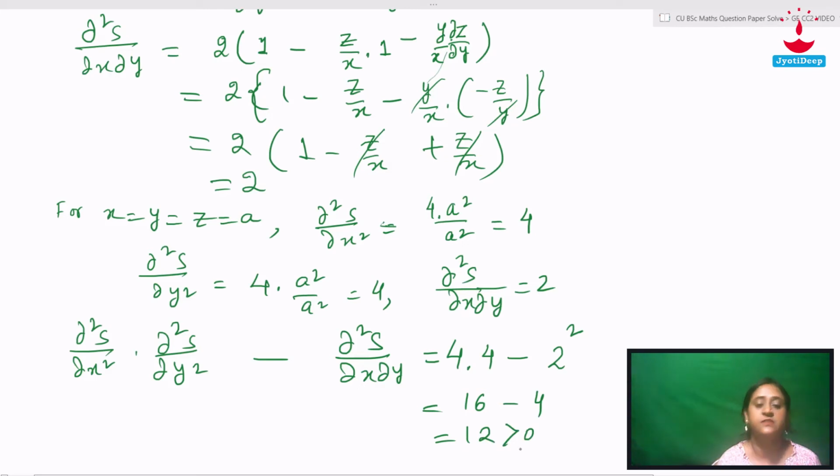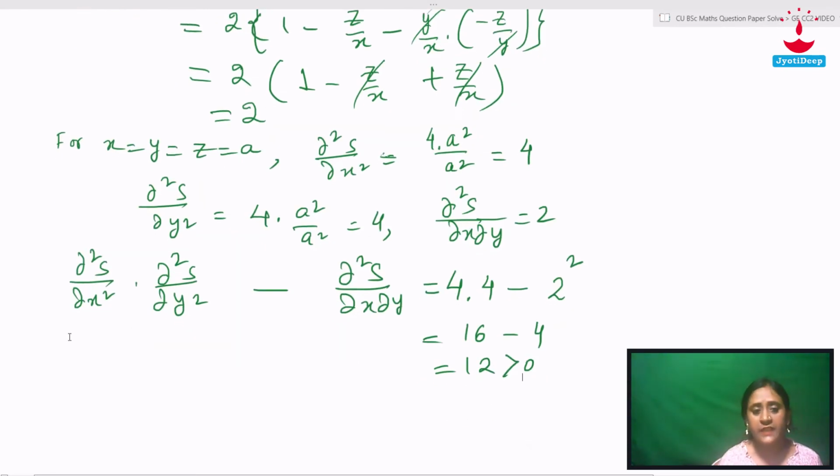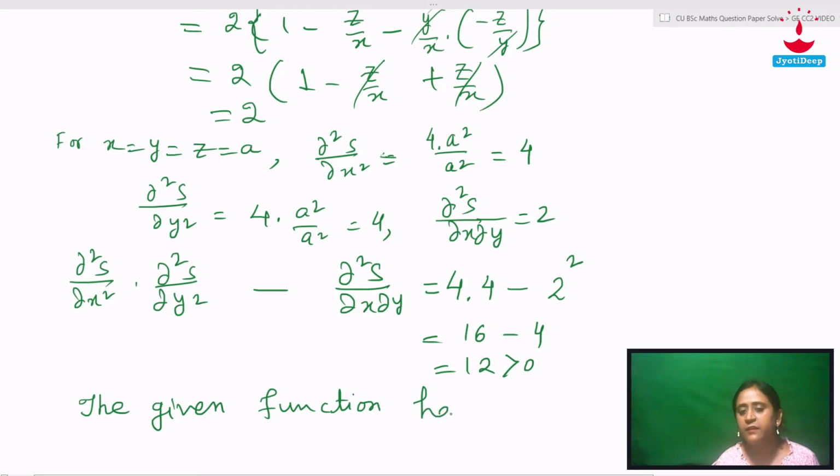That means the given function has minimum value at x is equals to y is equals to z is equals to a.